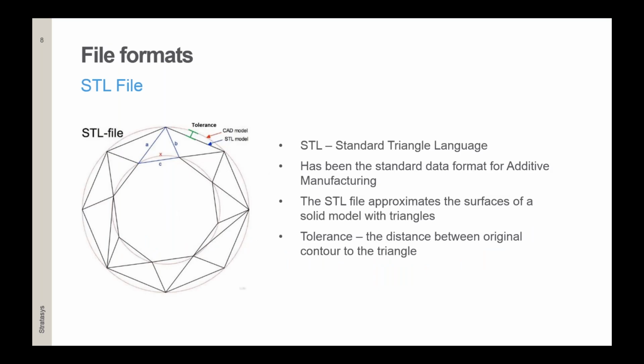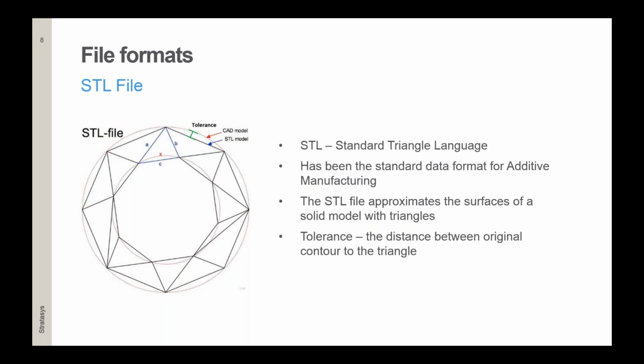So when we speak about the tessellation step in the FDM process, we need to understand what the so-called STL file format is. STL stands for standard triangle language, or in other words, it could be called standard tessellation language. During this tessellation step, CAD software converts the surfaces of the model into smaller triangles, like you see in the image on the left side.